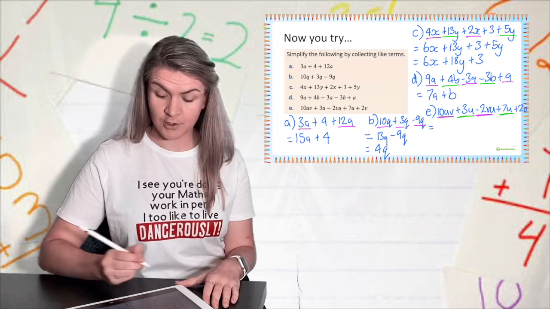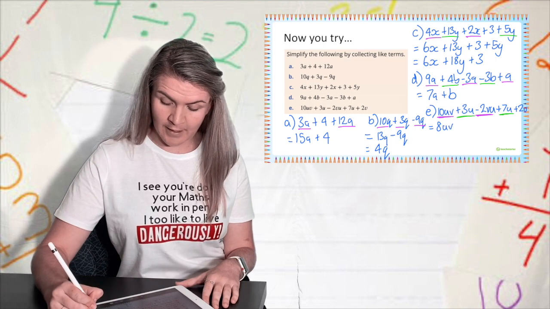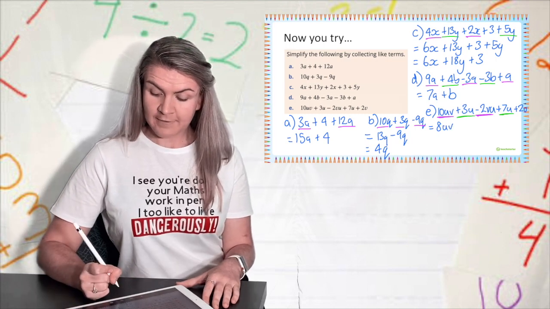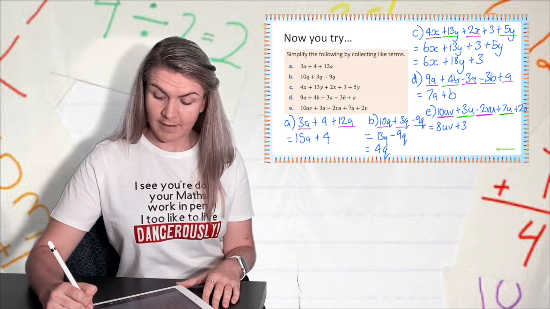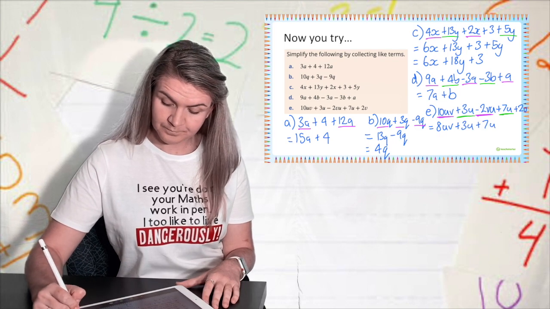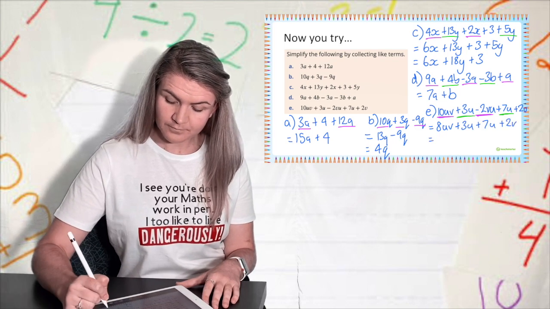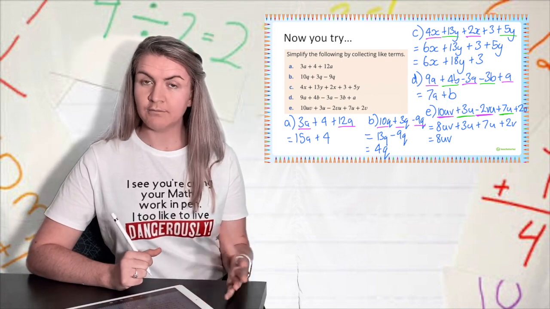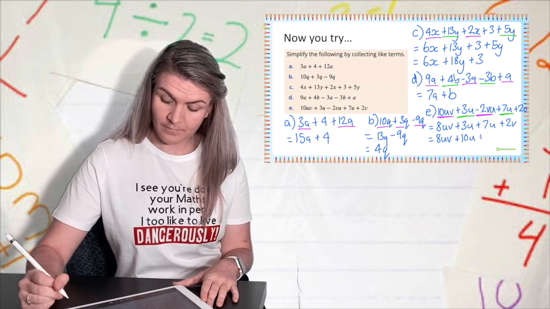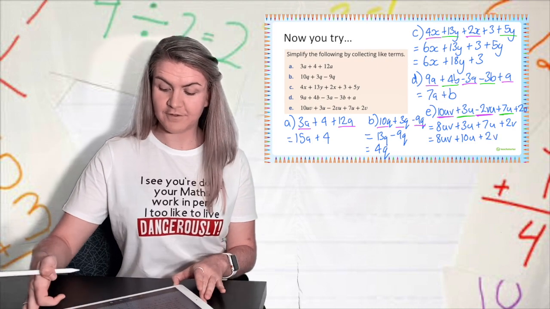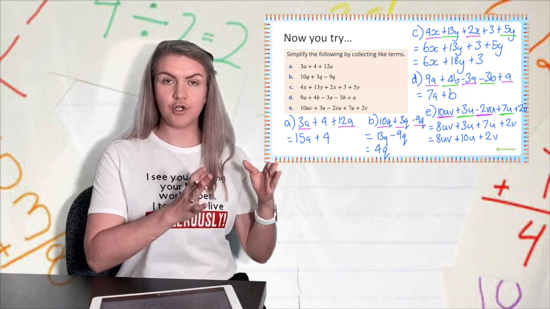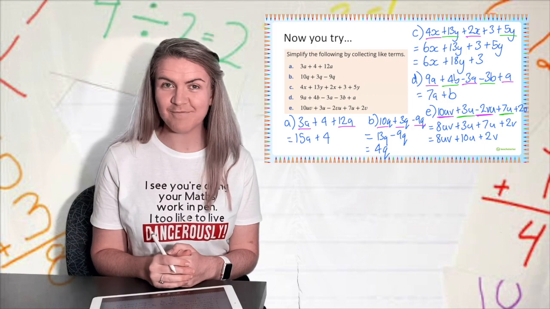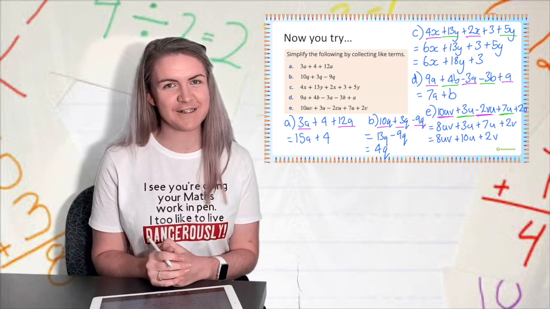So 10 take 2 is 8. And I'm going to put it in alphabetical order. Then I've got to write everything else. Now, 3u plus 7u, that's 10u. And 2v left over. Now I'm checking uv, u, and v. None of them are the same. None of them are like terms. So that's as simple as I'm going to get.